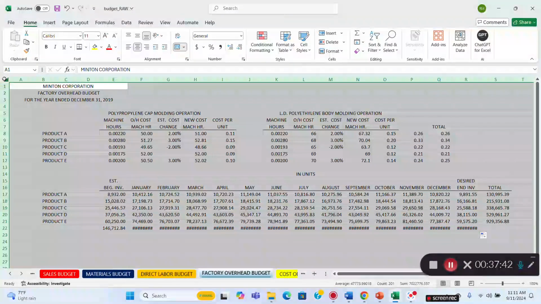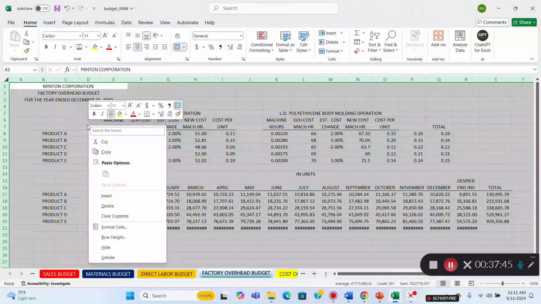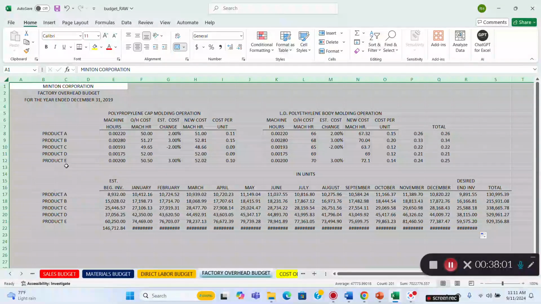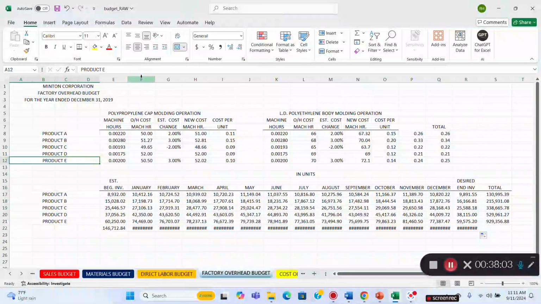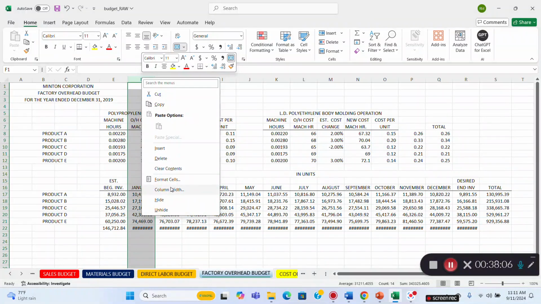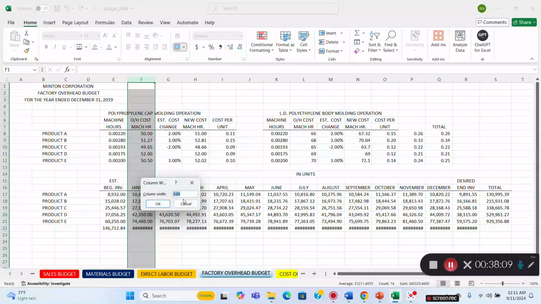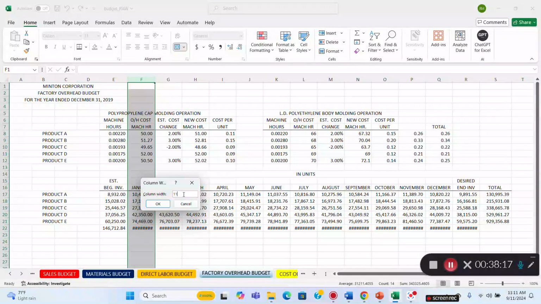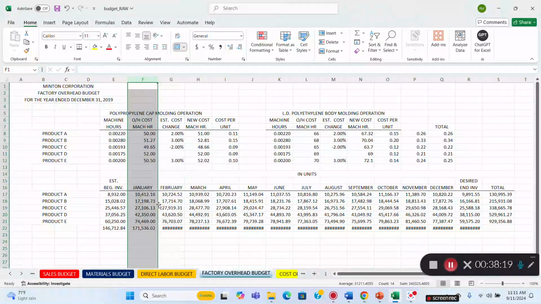So if I come over here and just highlight everything and then right click and format cells. Oops, what did I do here? Let's do it this way. Column width. Column width is 9.89. So if I make it 11, now let's see if that fixes it.